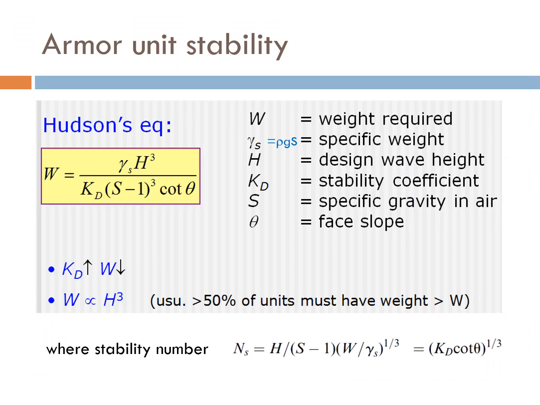Right now we are going to look at the Hudson equation, which is important in the selection of armor unit. The equation gives the weight required on the left hand side, which is a function of the specific weight, the design wave height to the power of 3, the stability coefficient, the specific gravity in air, and the face slope.